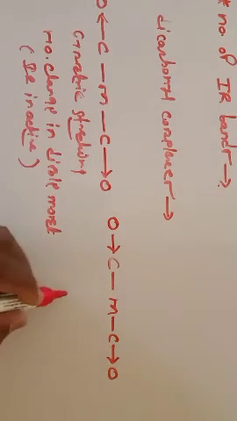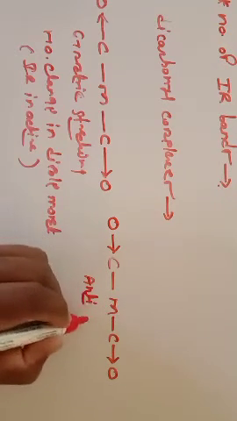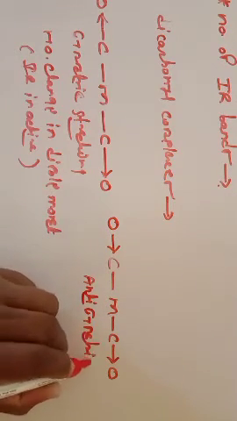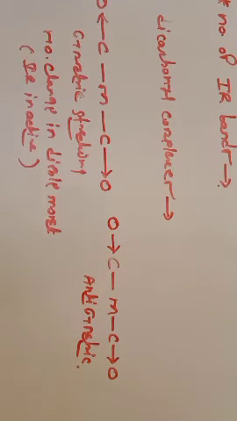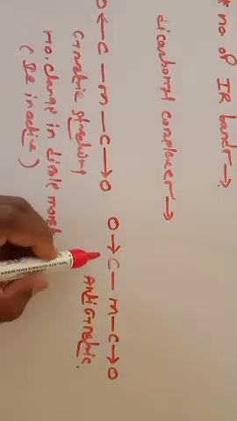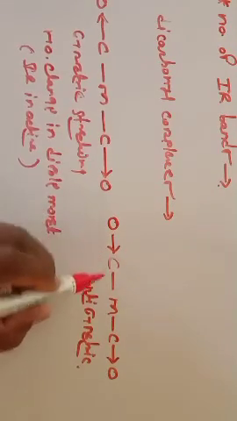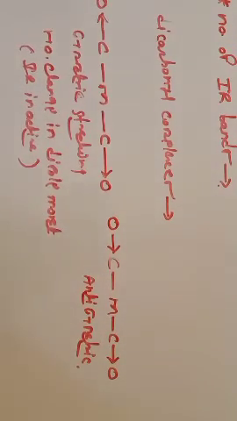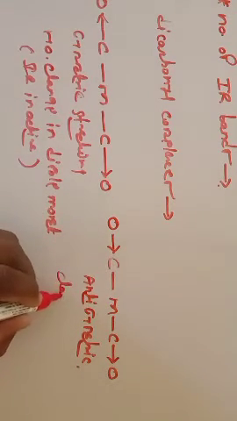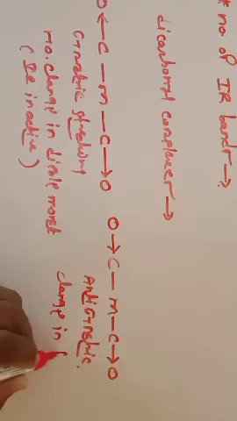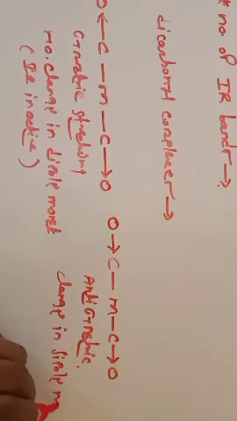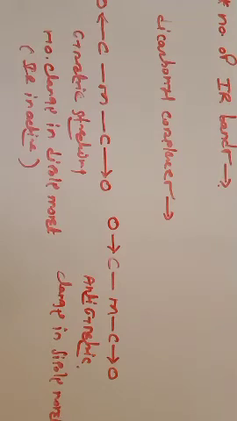While in antisymmetric stretching, both the stretchings have the same direction, not opposite directions, and therefore there is a change in dipole moment, because one bond is stretched and the other bond gets compressed.